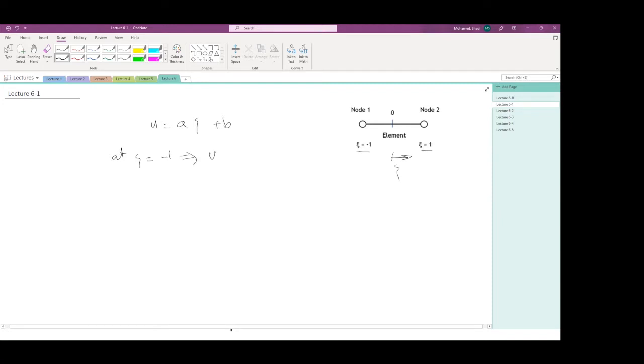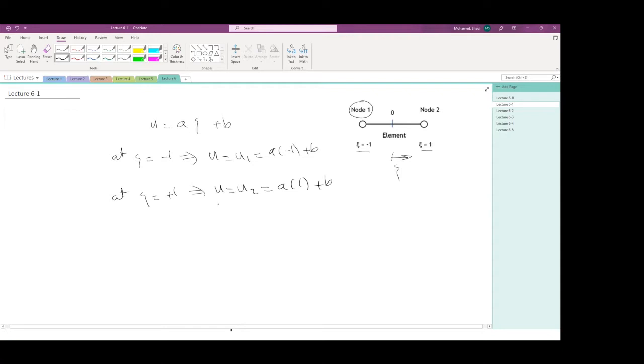We have u equal to u1. This is the first node. And this will be, we are going to replace xi with -1, a times -1 plus b. And at xi equal to +1, we have u equal to u2. And this is a multiplied by 1 plus b.